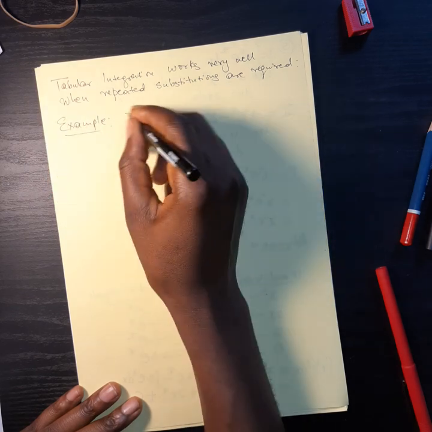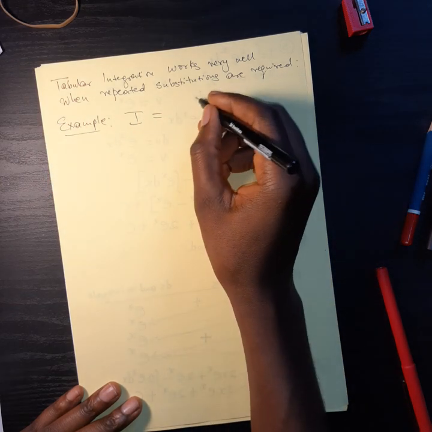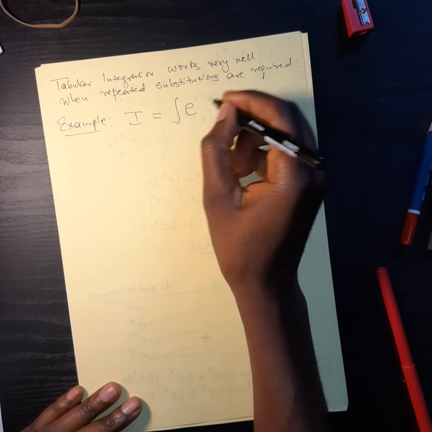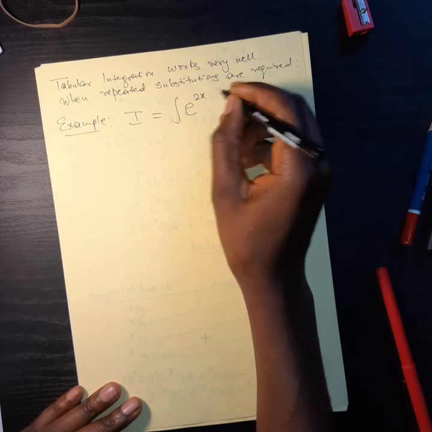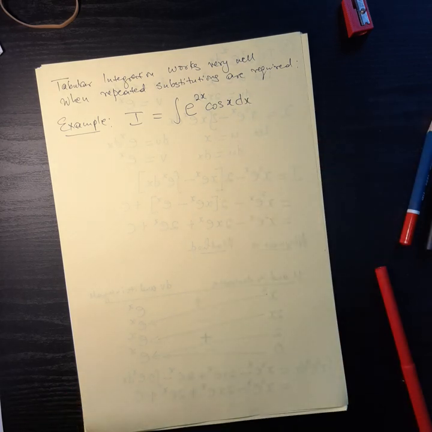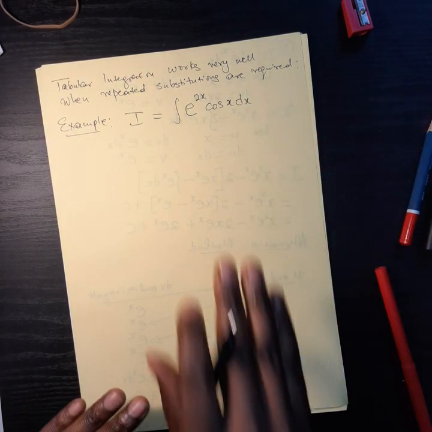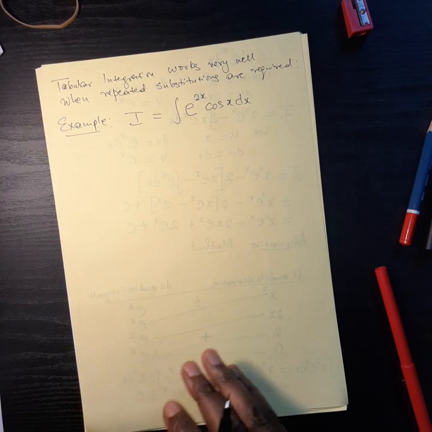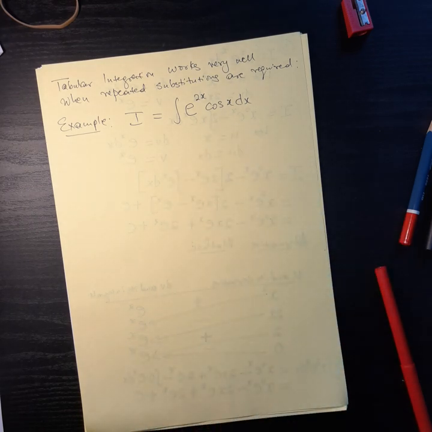We want to evaluate, I will call it I again, the integral of e to the power of 2x cosine of x dx, like that. Now, again, if you check your priorities, where did I put them?